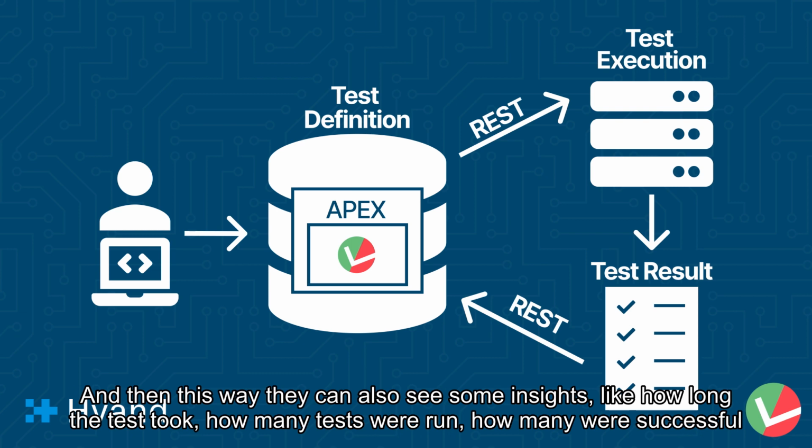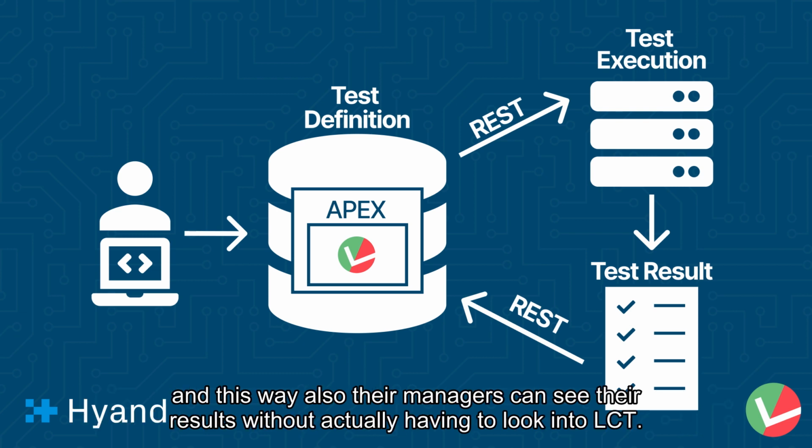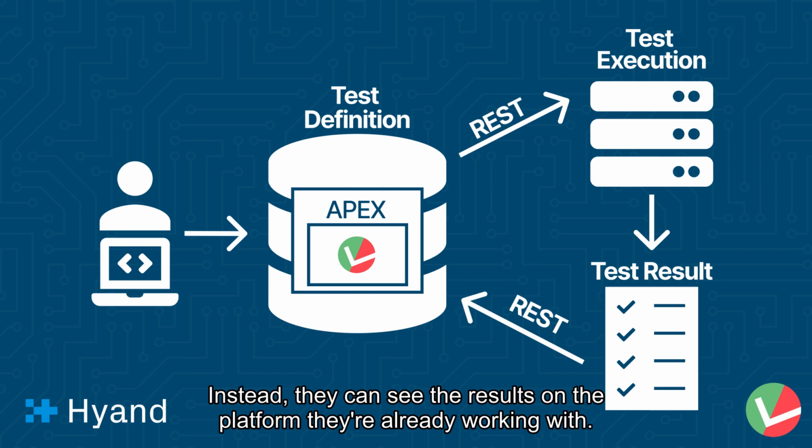And then this way, they can also see some insights like how long the test took, how many tests were run, how many were successful. And this way, also their managers can see their results without actually having to look into LCT. Instead, they can see the results on the platform that they're already working with.